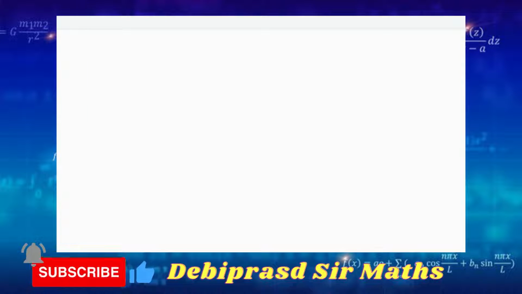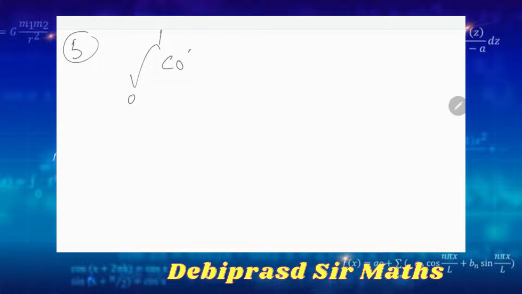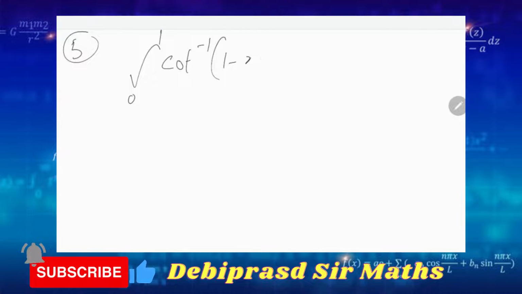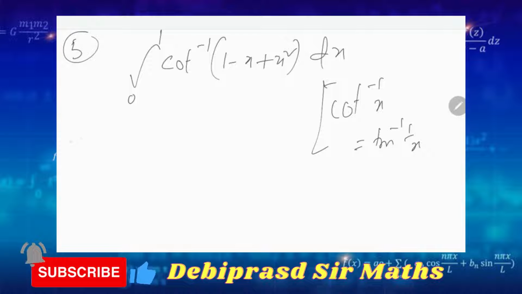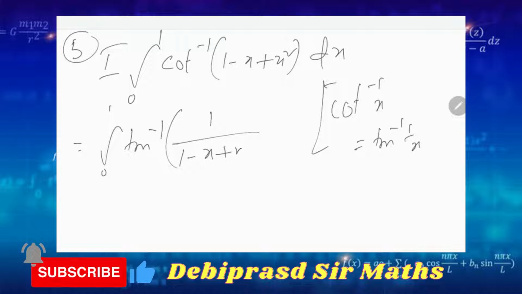Another important sum of this chapter is the integral from 0 to 1 of cot inverse of 1 minus x plus x square dx. We know cot inverse x is equal to tan inverse 1 by x. We will use this formula here: 0 to 1 tan inverse of 1 by 1 minus x plus x square dx.